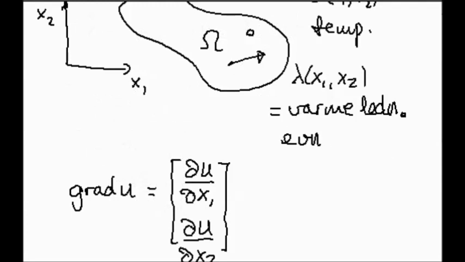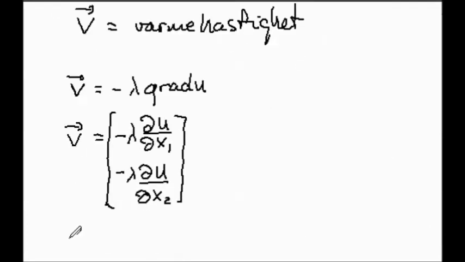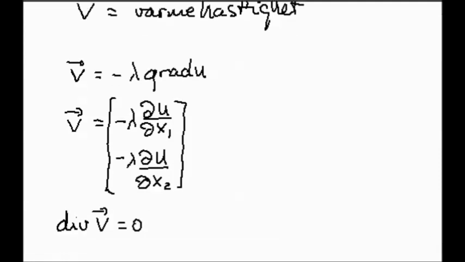If there is no heat source within omega, it's possible to prove by using the divergence theorem by Gauss that the divergence of the heat velocity is equal to 0. Recall that divergence of a vector valued function can be written in this way.